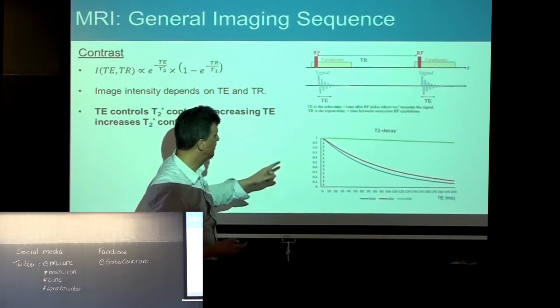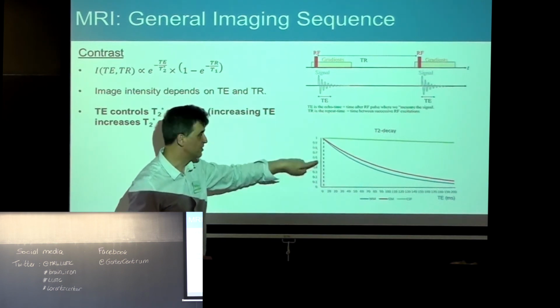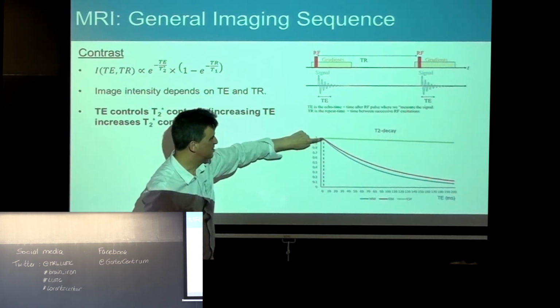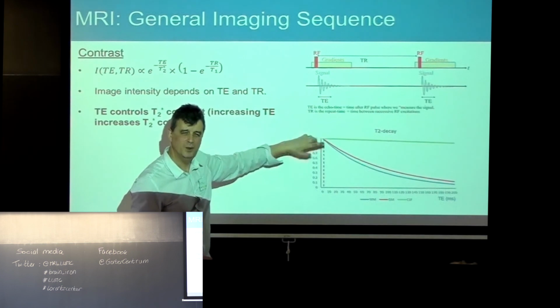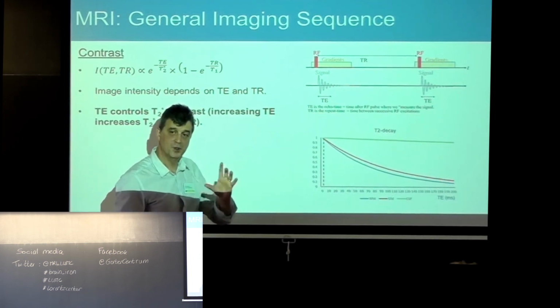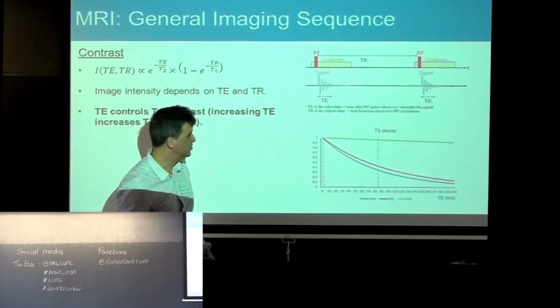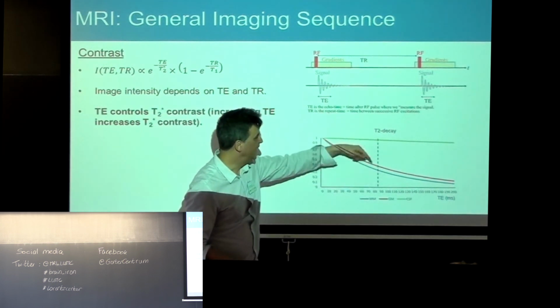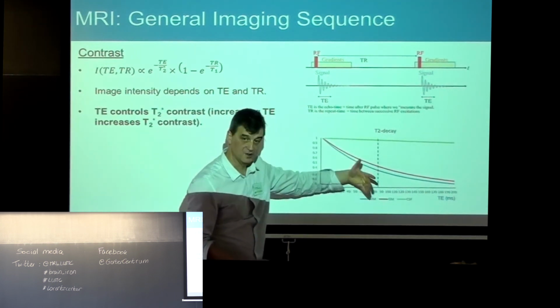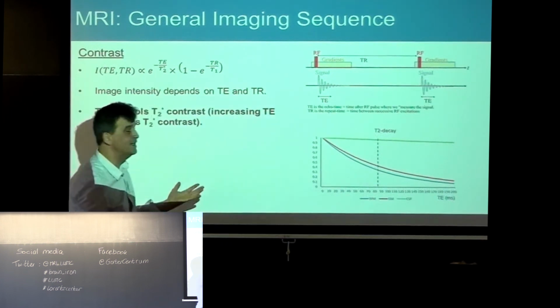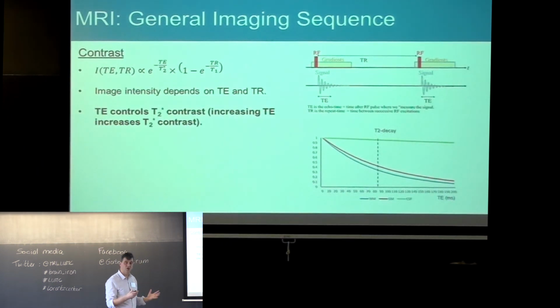If we make a measurement with a very short echo time over here, all of these signals would be a similar strength and we wouldn't get much contrast between the different tissues in our image. Whereas if we make a measurement over here where these tissue signals have decayed quite a lot, we can end up with contrast in the image.